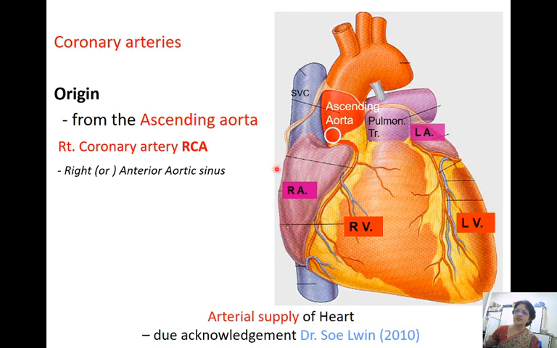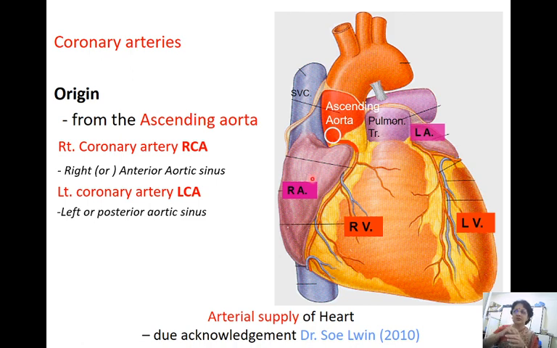The left coronary artery arises from another part of the same vessel. The aorta is a big vessel, and it has three bulges. One of them is the right or anterior aortic sinus, from which the right coronary artery arises, and the left coronary comes from the left or posterior sinus.